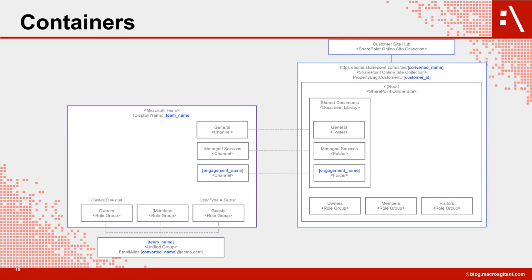In Active Directory, you can determine if somebody owns a team because their owner ID attribute will be in that group listing, in that access control list, and will not be null. So it automatically knows who owns the group and who the members are, and it can simply enumerate on user type equals guest within that unified group to determine who the guests are.